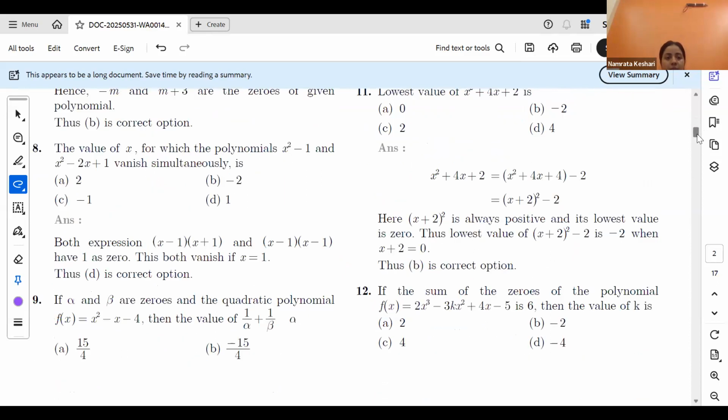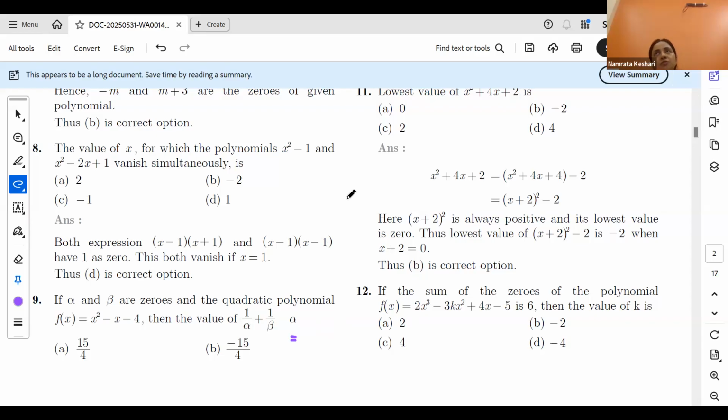Number 9. We'll have to find the LCM, and then we'll get... You just tell me how to do it.